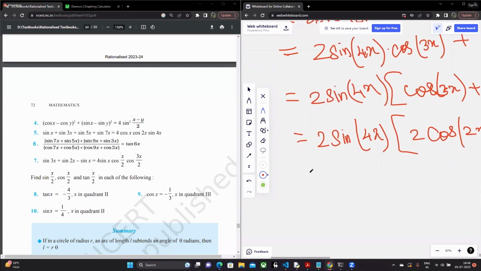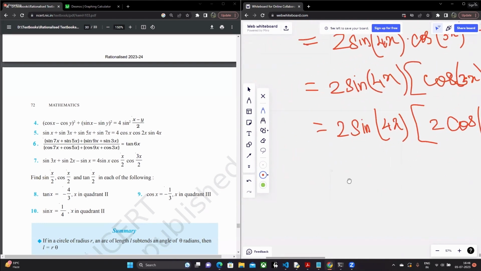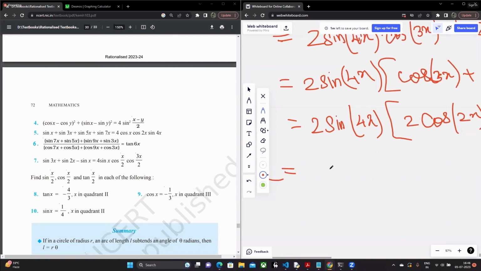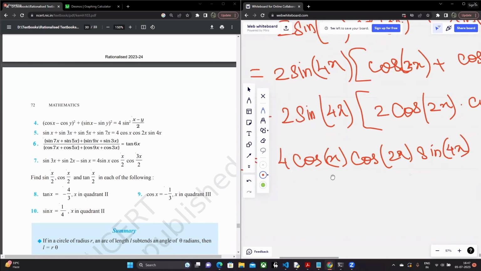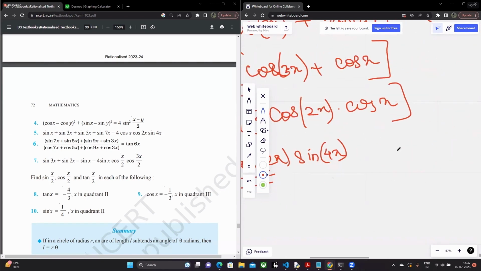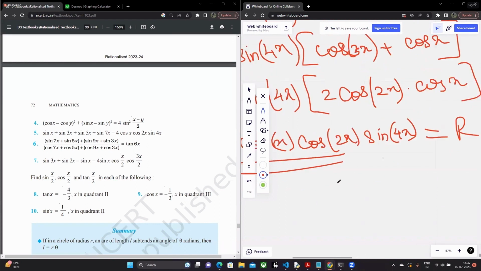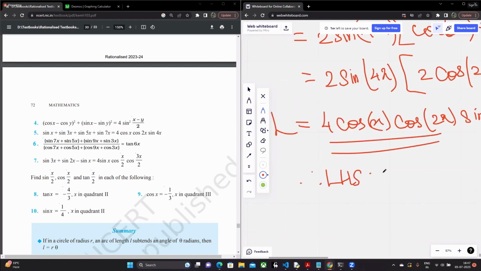Therefore, L is going to be equal to 2 into 4, the cos x, the cos of 2x into sin of 4x, which is equal to the right answer. Therefore, you can state that LHS is equal to RHS. Therefore, you have proved the expression.